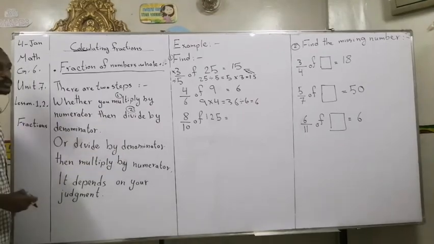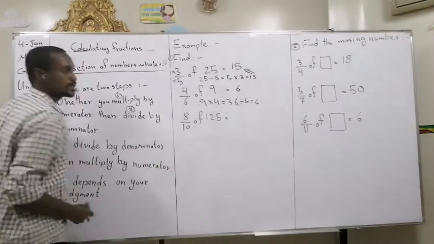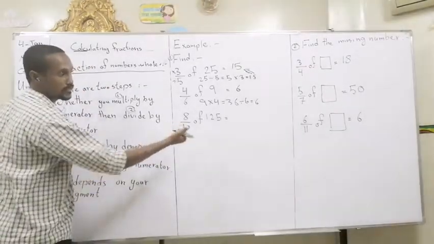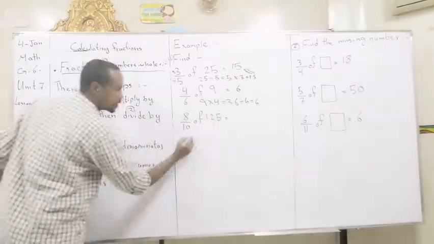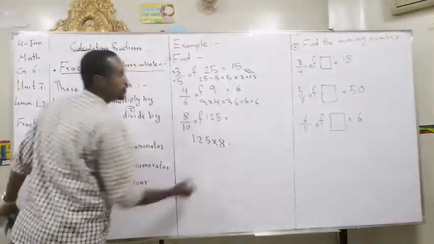Let's see which one I should do first. 125 times 10 divided by 10 equals 12.5, then multiply by 8. But if I multiply first, 125 times 8, always try to avoid decimals.